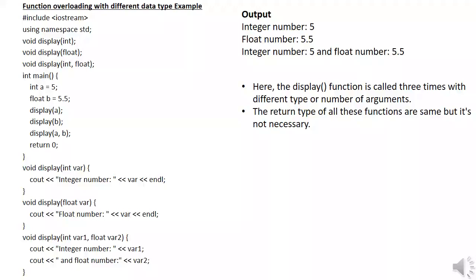If you are passing an integer number, the first function definition will execute. If you are passing a floating point number to display, it will execute the second function definition. And if you are passing two arguments, first an integer and second a float, it will execute the third function definition. This concept is called polymorphism. It selects accordingly based on the argument or parameter you are passing to the function.